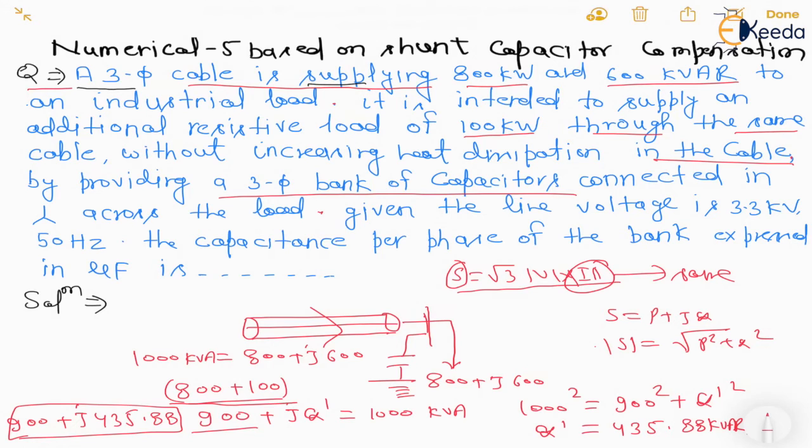Why? If the voltage needs to be constant, initially the load was 600 and 600 reactive power was supplied. Now the reactive power load has not changed, it will still require 600, but the cable supplies only 435.88 kVAr. So whatever is required beyond that, 600 minus that, will be supplied by this QC.